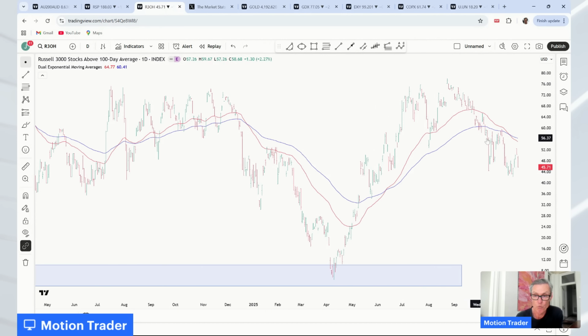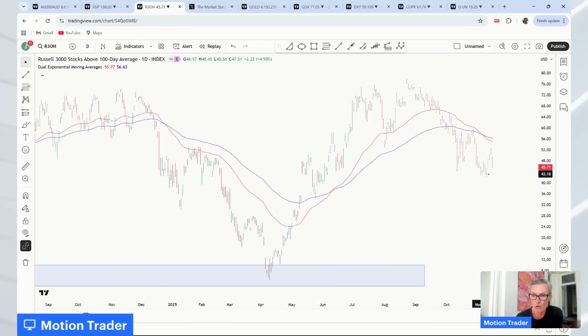We've seen this weakening of the broader market over the last couple of months, and sure enough, it's led to that consolidation. This week has been interesting in that the indicator hit a low of 42%. So only 42% of the Russell 3000 stocks were above their 100-day moving average early in the week. And then quickly, it's lifted by 10 points to 52%.